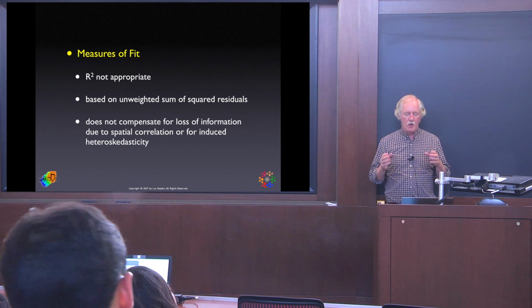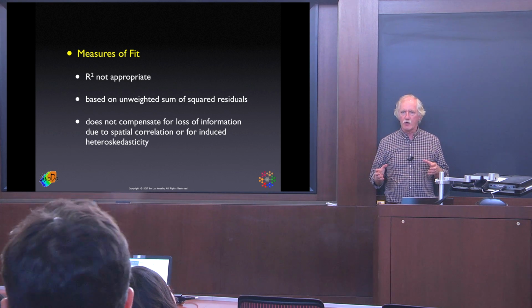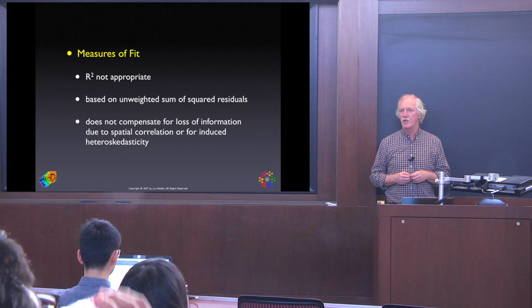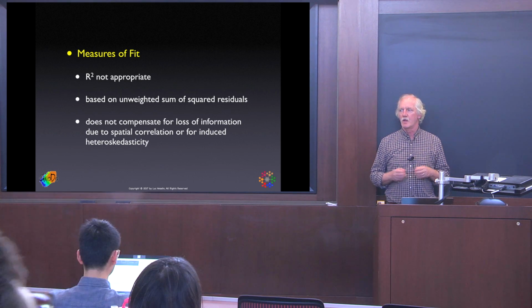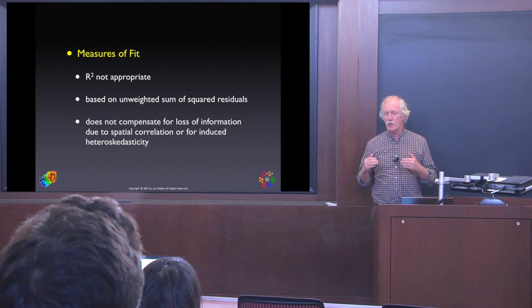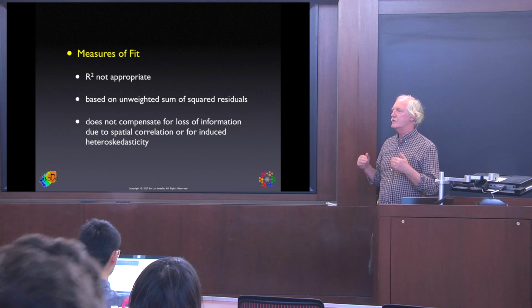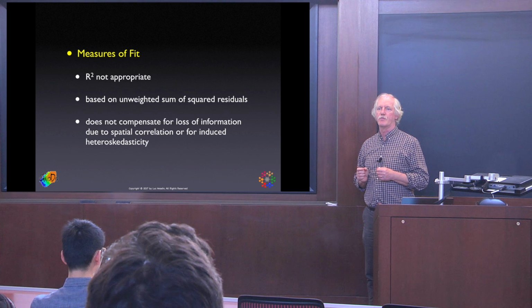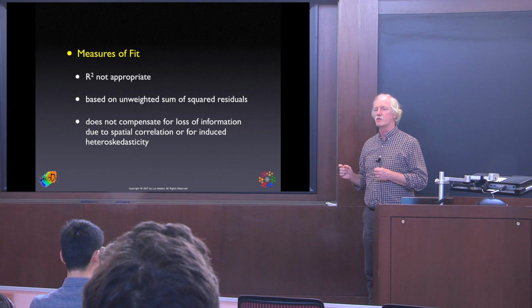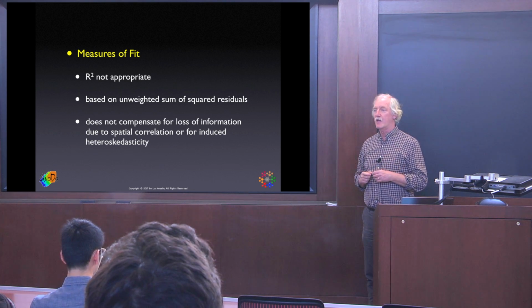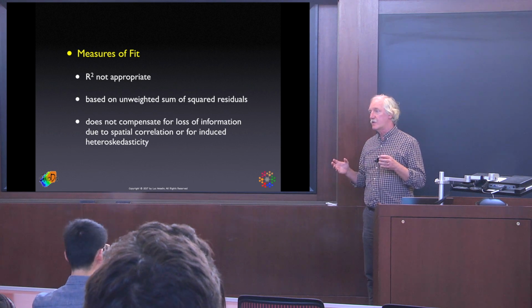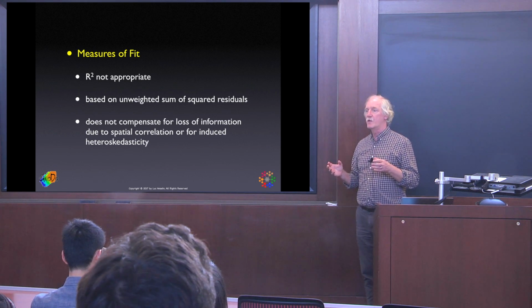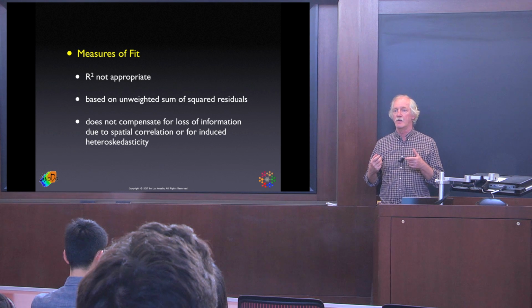So why does this not work in a spatial case? The basic notion underlying the R square is that each squared residual is of equal value. So sum of squared residuals, right? In the spatial case, this is no longer true because they're all interconnected.